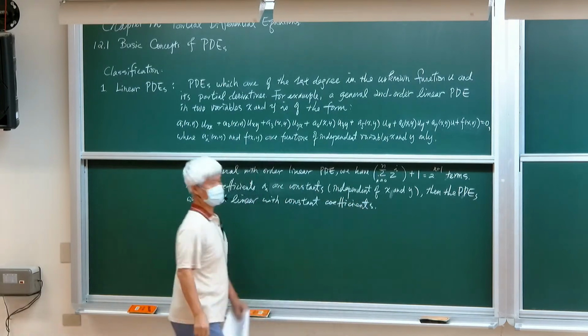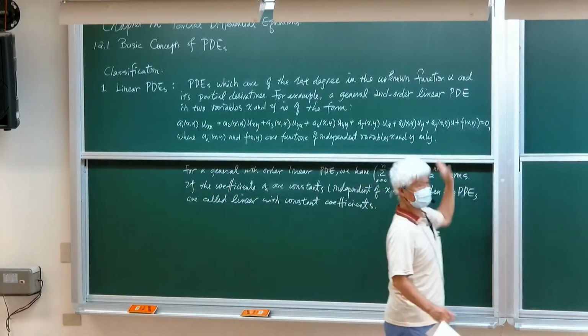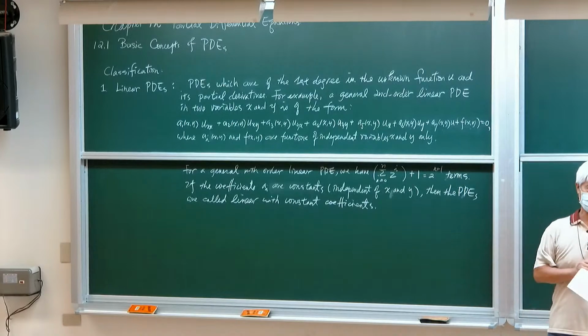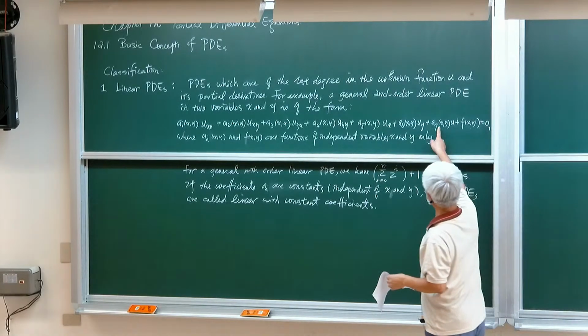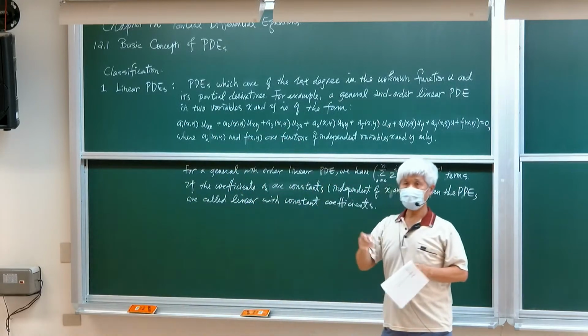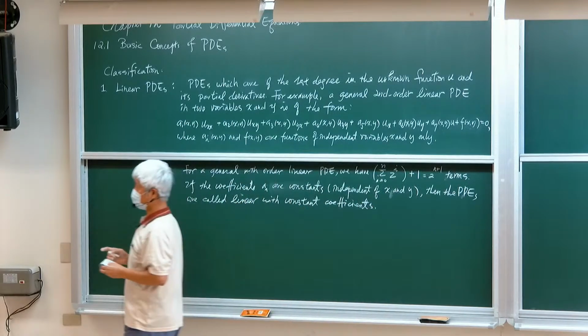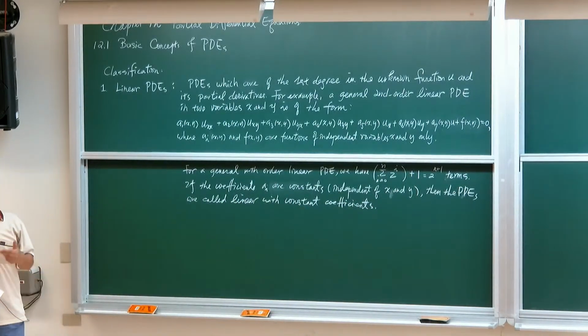Okay, so if the coefficients, not including the f function, f can still be arbitrary, but if the a_i's are really constants, then such a PDE is called a linear PDE with constant coefficients.